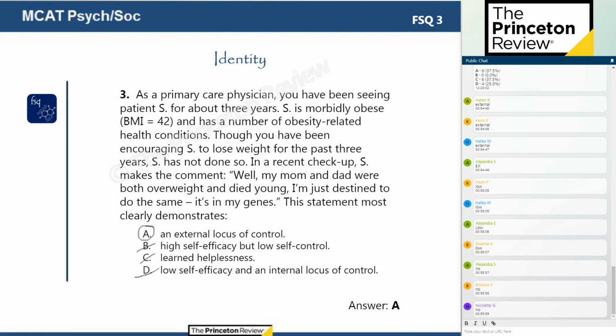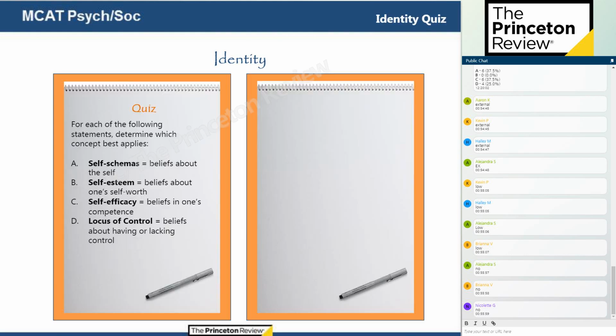Kind of tricky, huh? Okay. So we've got self-schemas, self-esteem, self-efficacy, locus of control. And we're going to have a series of statements that will match up with these.